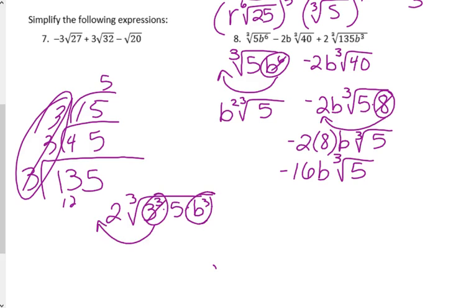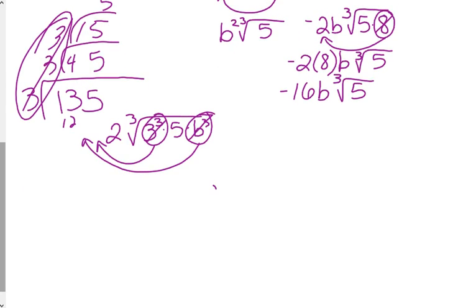I'm going to pull out my b. So I'm going to have 3 times 2 times b, all times the cube root of 5. 3 times 2 is 6, b times the cube root of 5.